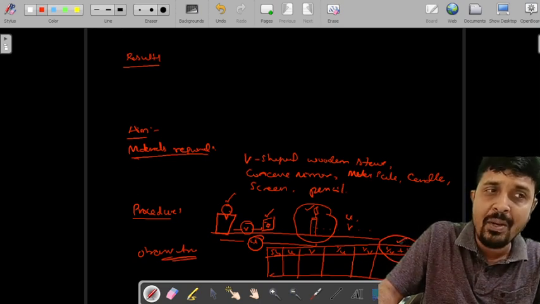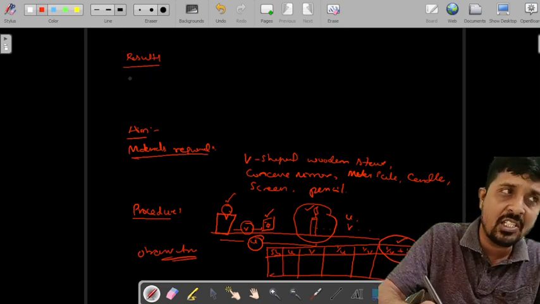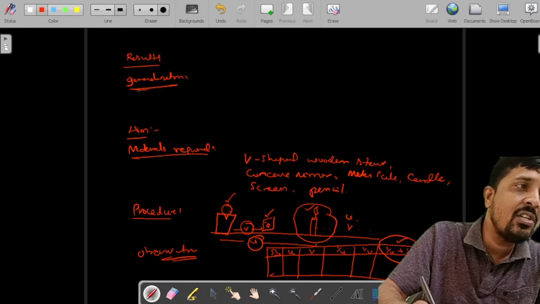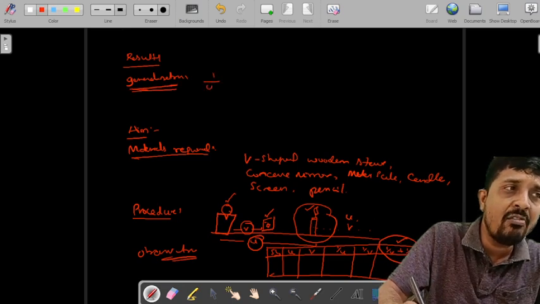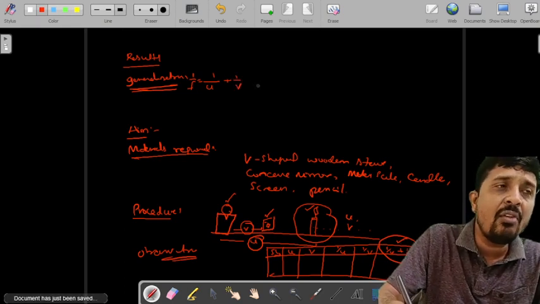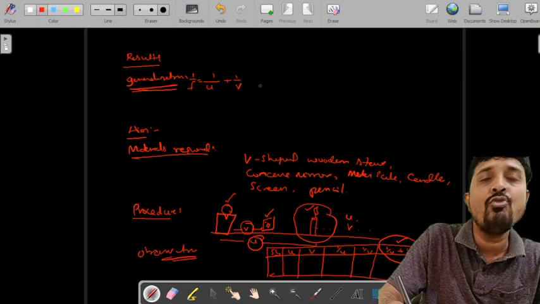Afterwards we are going to write the generalization. What is our generalization? From the formula 1 by f is equal to 1 by u plus 1 by v, we can find the focal length of any given concave mirror.